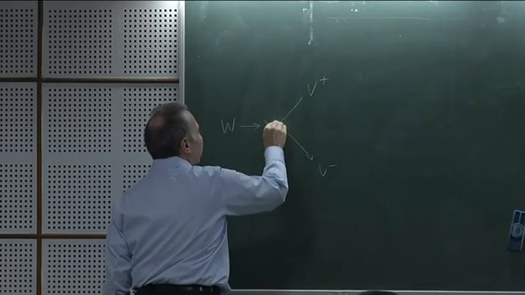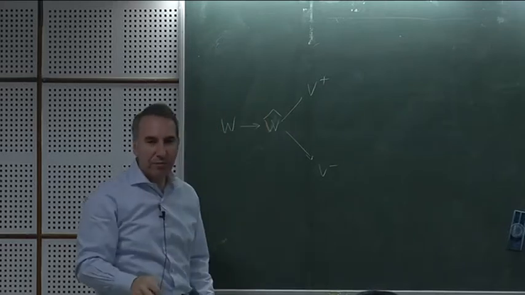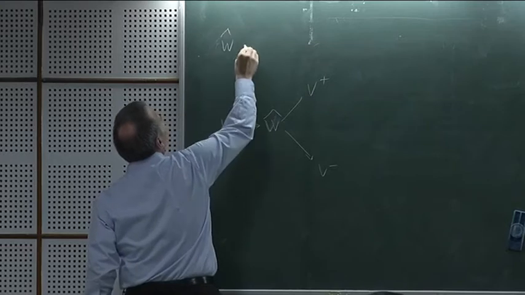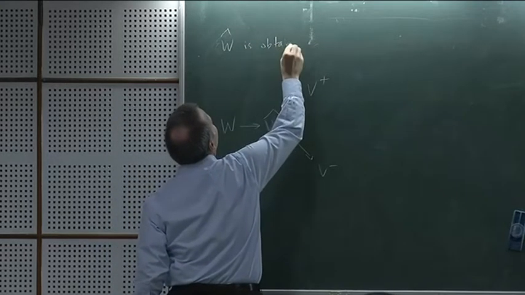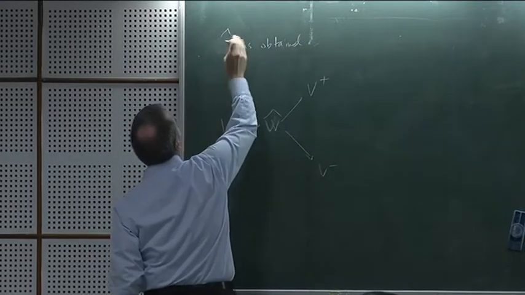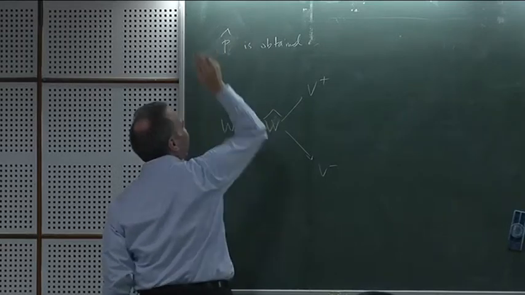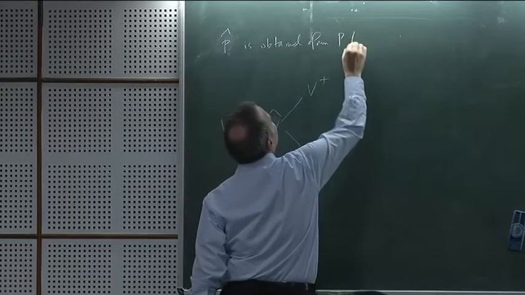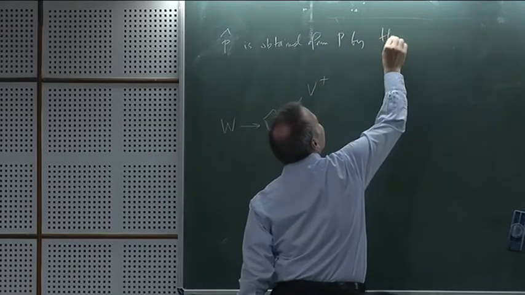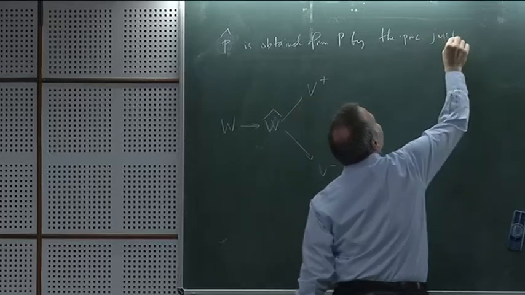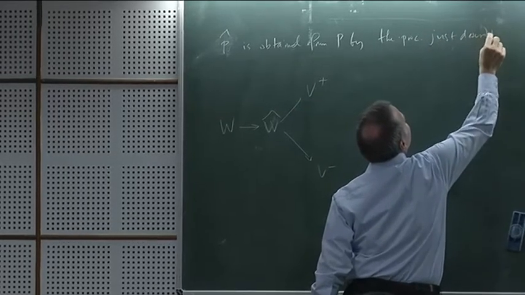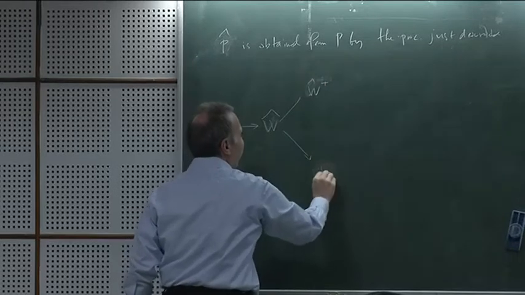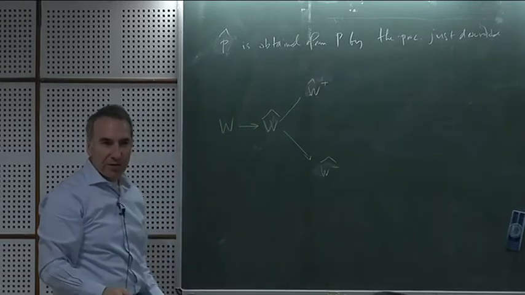Let me call this W hat. This is the degraded version. So if I put here not W but a generic channel P, the P hat is obtained from P by this procedure. And then I take the plus of this W hat and the minus of this W hat.